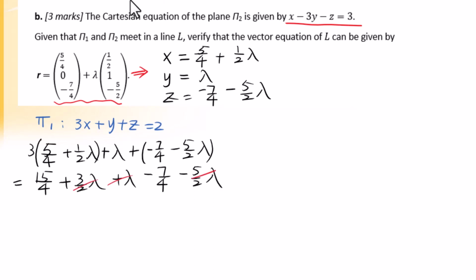Cancel lambda, equals 8 over 4 equals 2. This means L is on the plane π1.